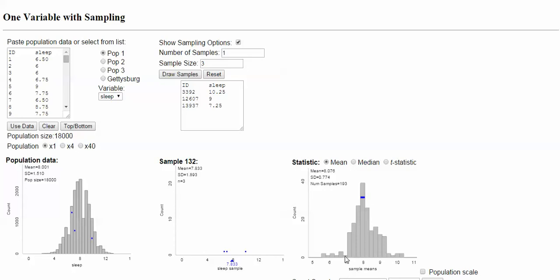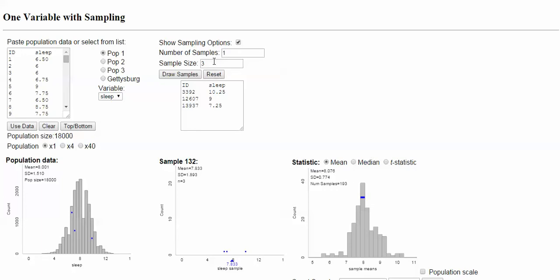Very few of them have been below 7 or above 9. So most of our sample means have been within about this distance of the population mean of 8. So most of them have estimated the population mean at least fairly well. And then we've had extreme samples down here and extreme samples up here.